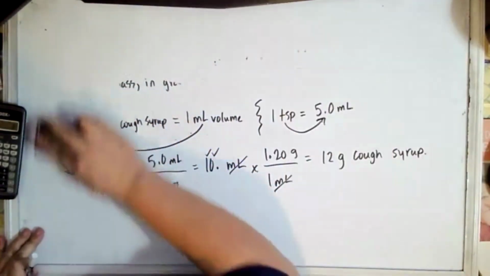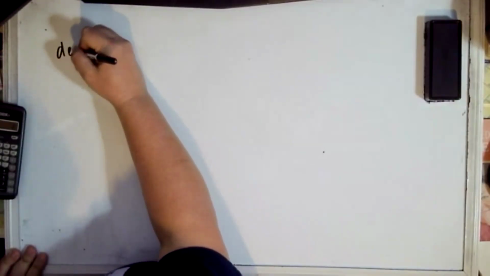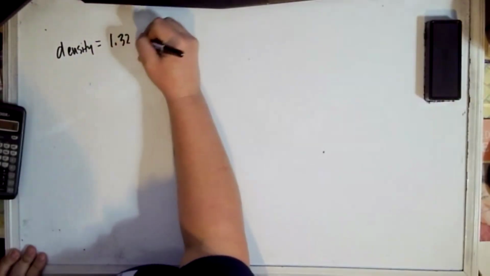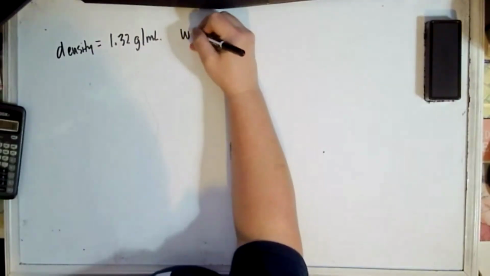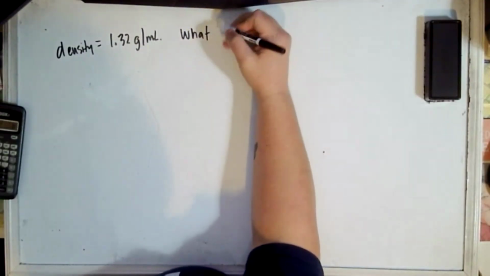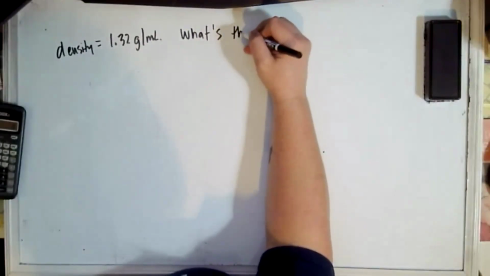Right, our next question says an unknown liquid has a density of 1.32 grams per milliliter. What's the volume in milliliters of a 14.7 gram sample of the liquid?